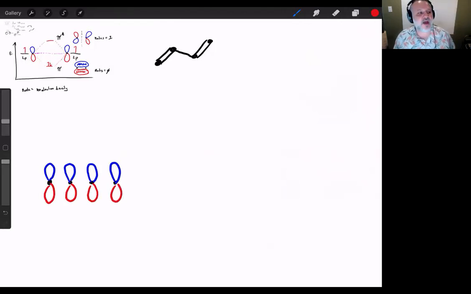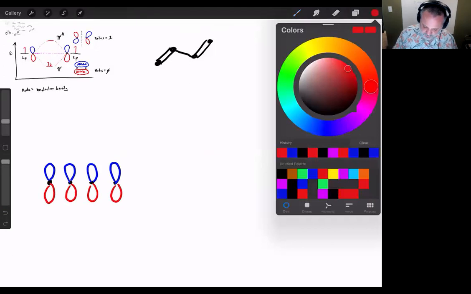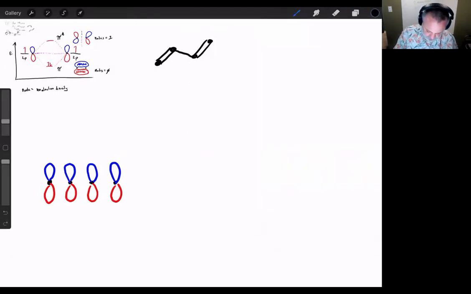And I want to combine them to make molecular orbitals. I get 4 orbitals in. So that means I'm going to get 4 orbitals out. 2 are lower in energy, and 2 are higher in energy.